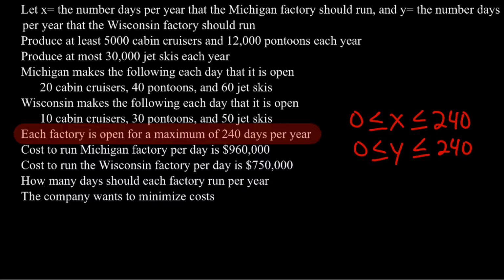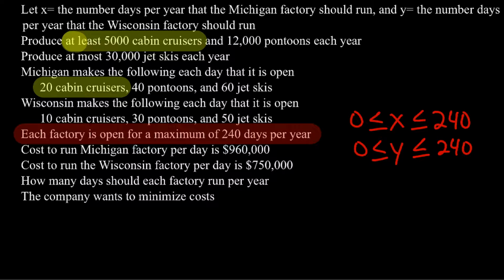Now, the next part that we're going to focus on is that we need to produce at least 5,000 cabin cruisers. Michigan makes 20 cabin cruisers. Wisconsin makes 10 cabin cruisers.